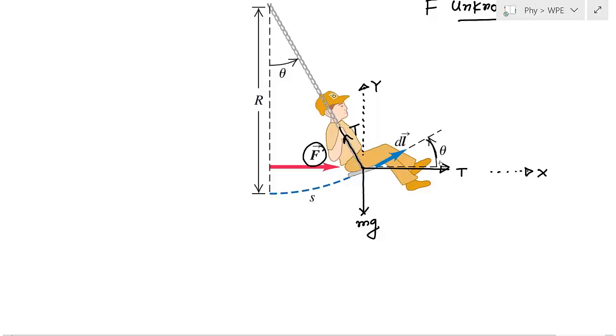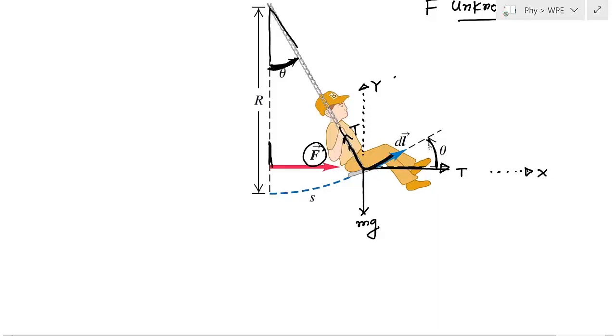So first find this angle. So this angle is theta. So if this angle is theta, then this angle will also be theta. You can prove this because there is a theorem that says angle between lines is equal to angle between perpendiculars. So this is the line and this is the line, and between these two lines the angle is theta. So perpendicular to this line is this line and perpendicular to this line is this line.